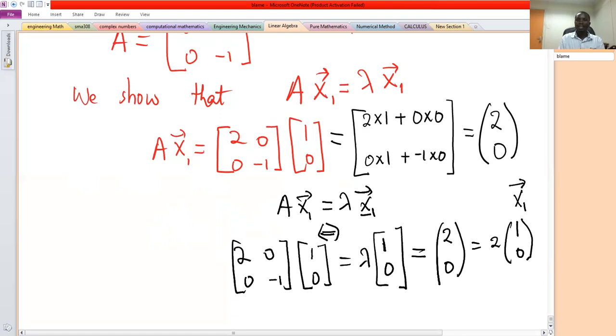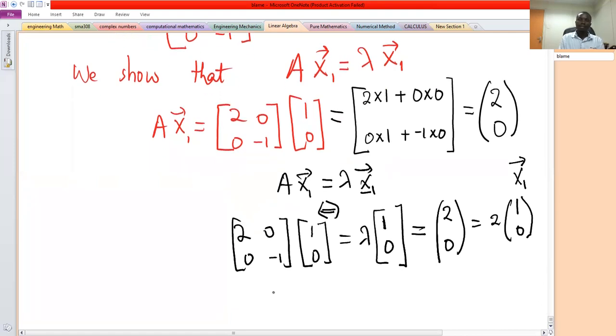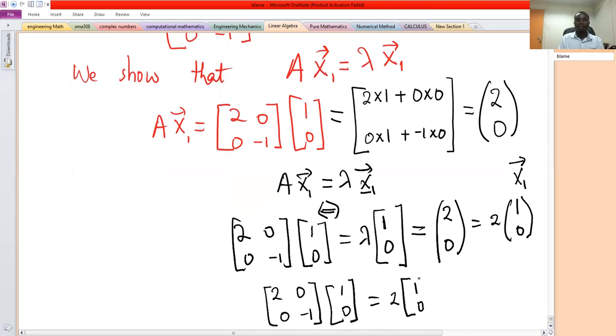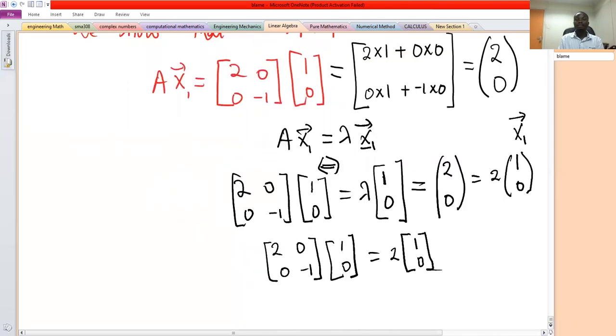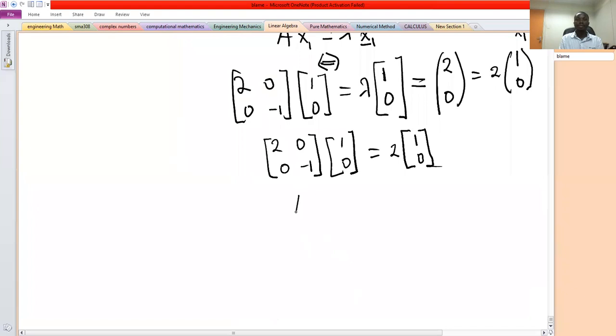So it tells us that 2, 0, 0, -1 times the vector 1, 0 is the same as 2 times the same vector 1, 0. This one is not 0. And this is an eigenvalue eigenvector equation, A x1 equals lambda, so we can call it lambda 1, x1.